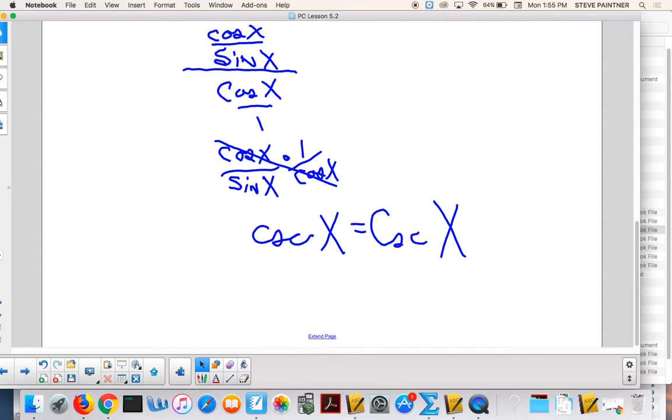Oh, that's right. The cosine cancels, so it's just one sine squared. Negative cosine over sine squared. This equals cotangent, which is what you wanted. That was so easy. So it's negative cosine. This was easy.